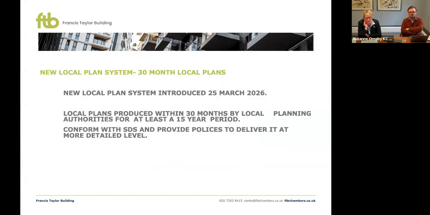So turning now to the new local plan system, which is intended to be essentially a 30-month local plan system. The idea of the new local plan system is to implement the sub-regional policies that will be established through the SDSs in their more detailed form.